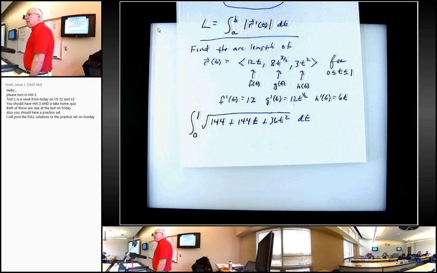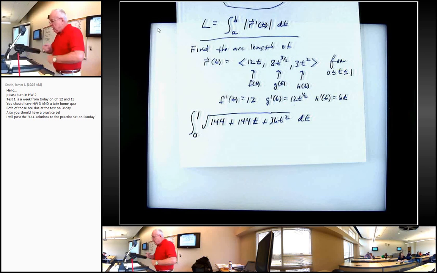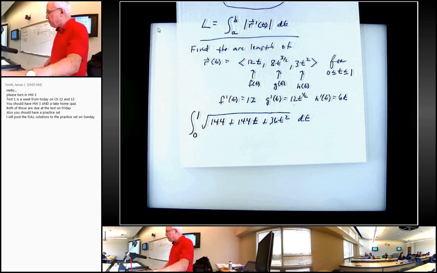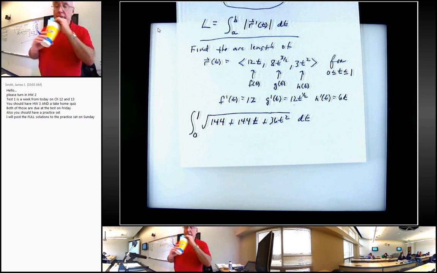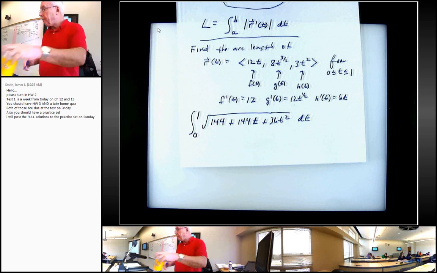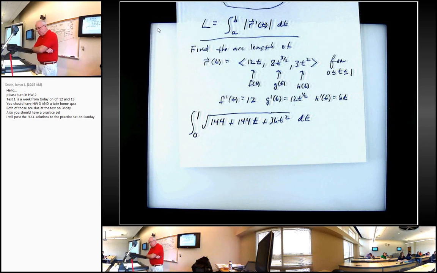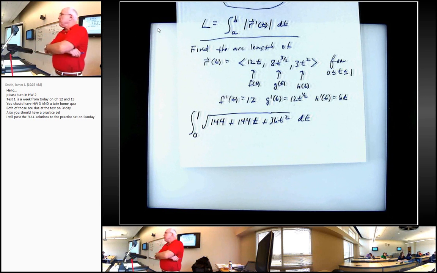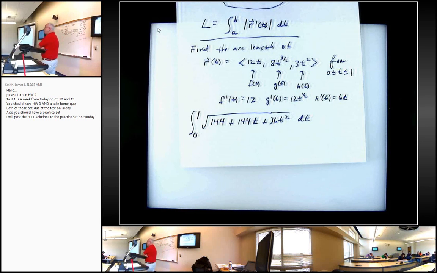And let's see here if we can try to simplify this, because it will simplify. Trust me. What number can I take out from under the radical to help simplify this? Yeah, I can actually take out 36. It's a nice perfect square. 36 divides into 144 4 times, right?